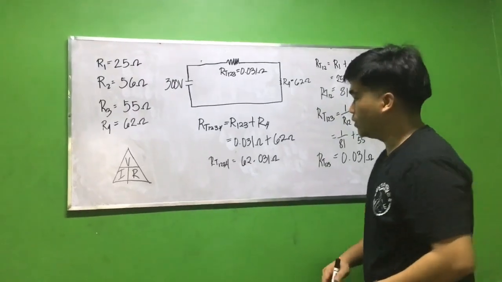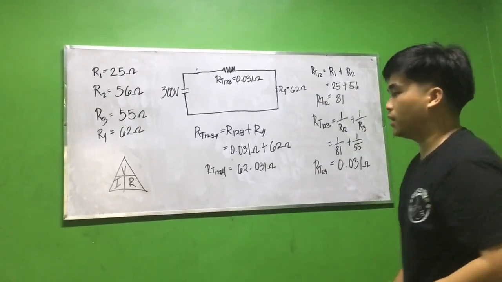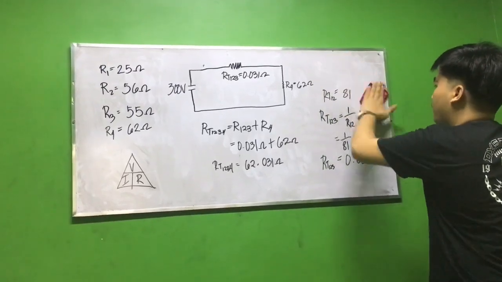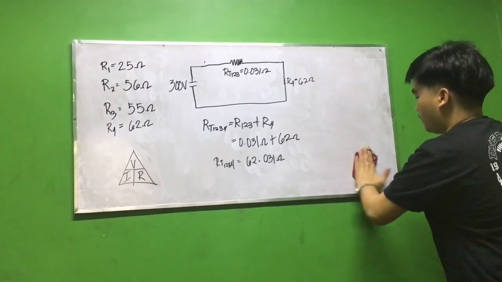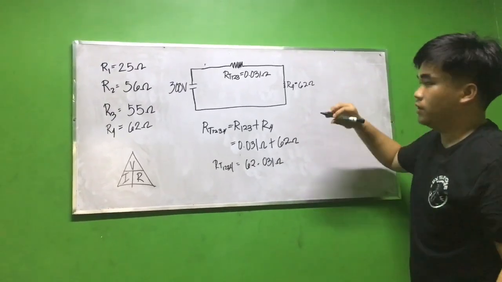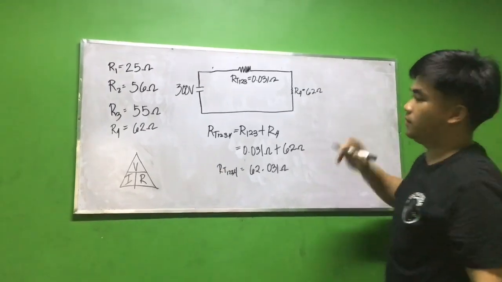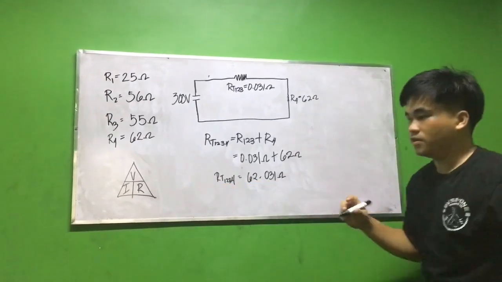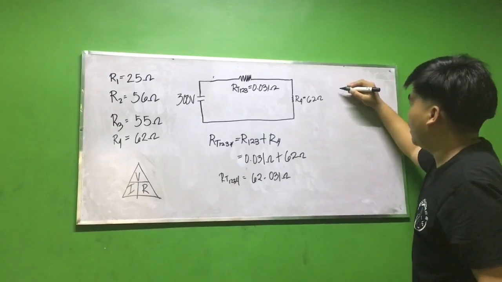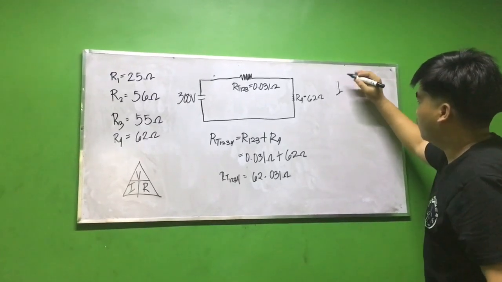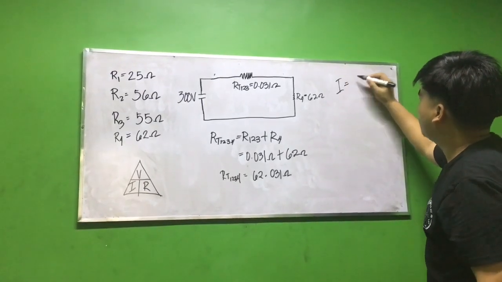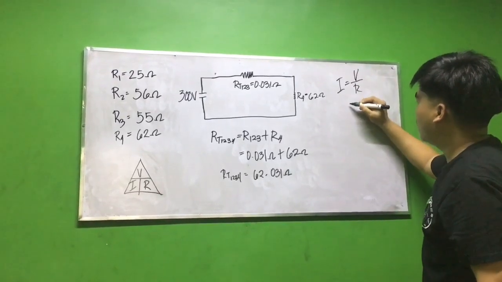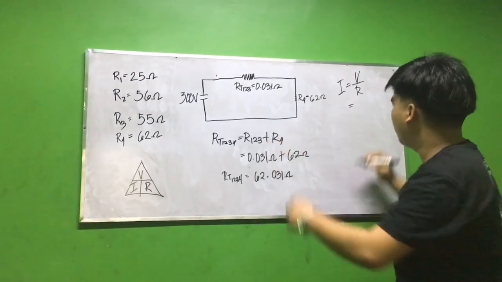Next we have to calculate the total current. The formula is V over R. Our voltage is 300 volts.